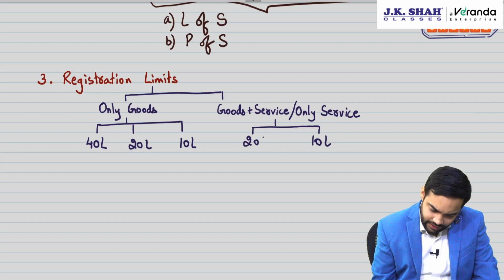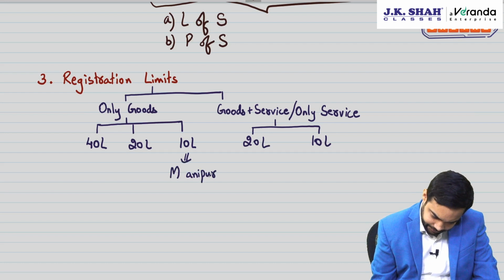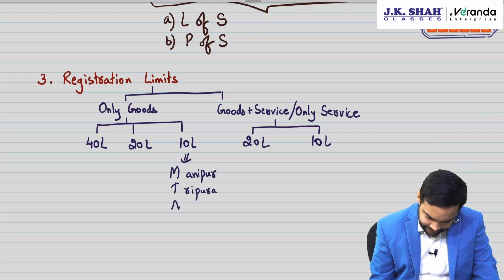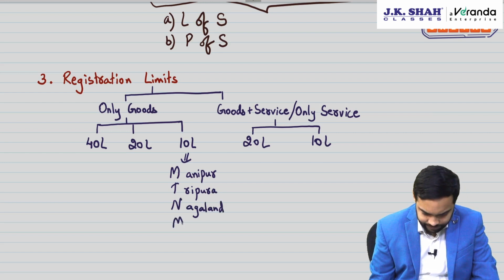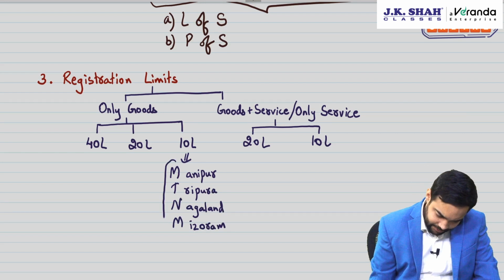Now 10 lakh is applicable for 4 states: Manipur, Tripura, Nagaland and Mizoram. You can remember it as MTNM.